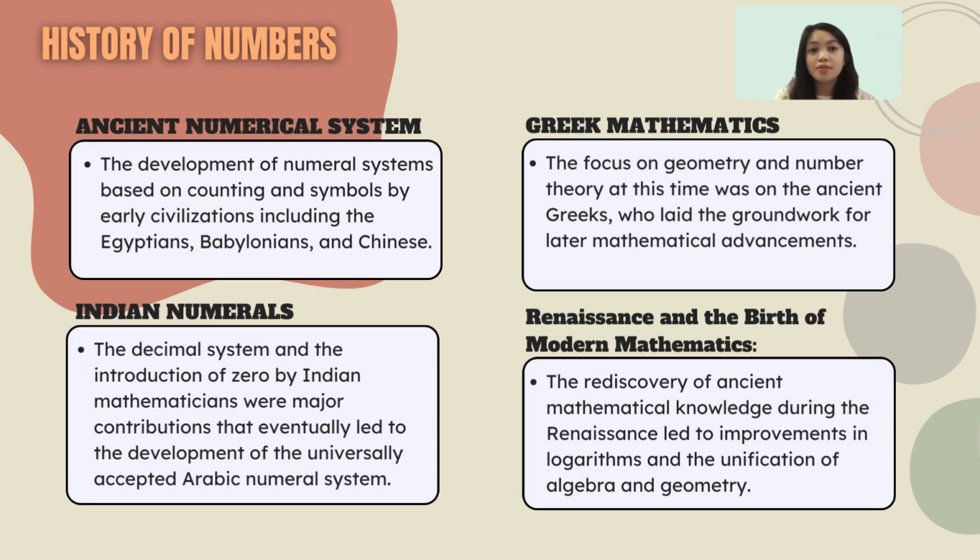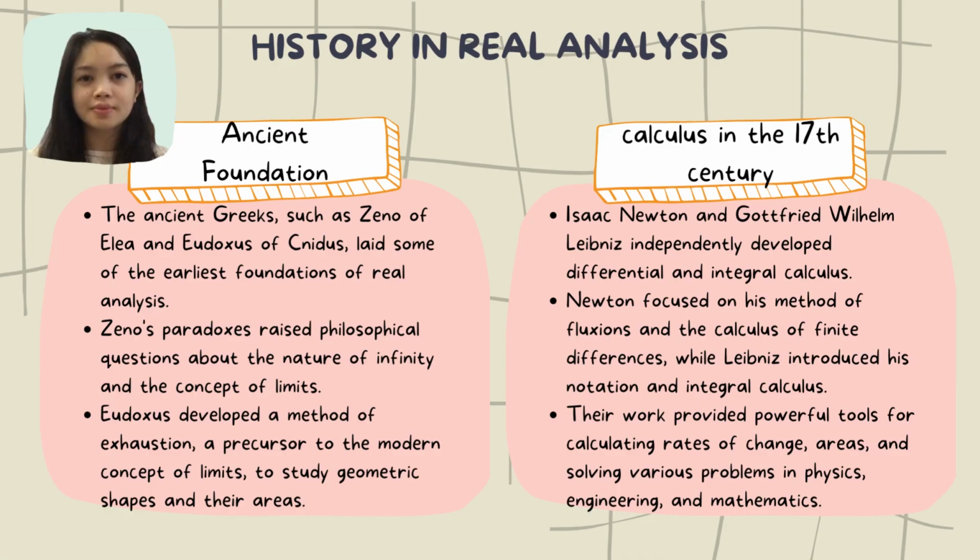The rediscovery of ancient mathematical knowledge during the Renaissance led to improvements in logarithms and the unification of algebra and geometry. Real analysis has a long history that has been shaped by the efforts of many mathematicians, as well as the continual development of rigorous mathematical methods.